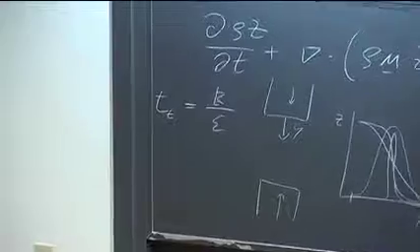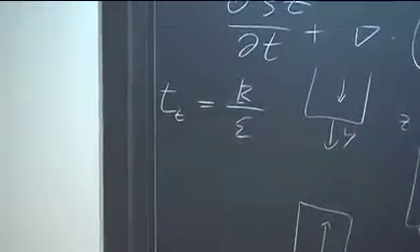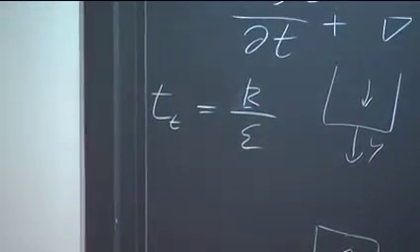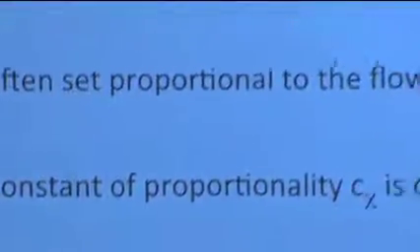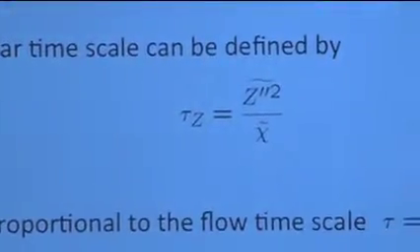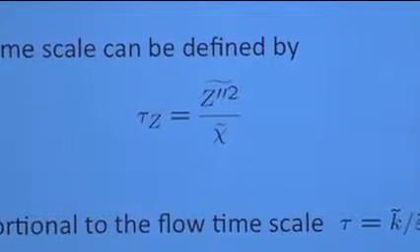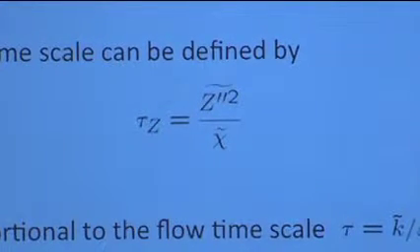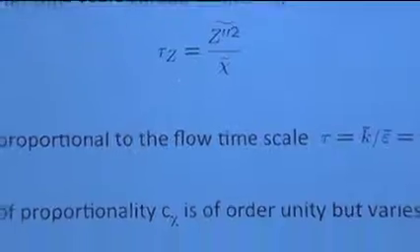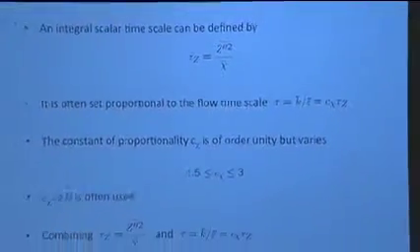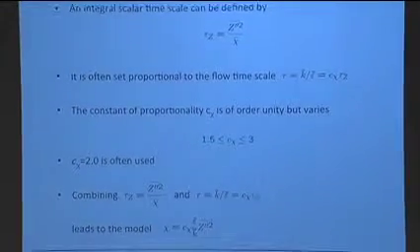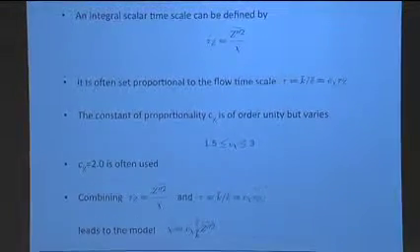Okay? And similarly, the time scale for the scalar can be written as the variance over the dissipation rate. You see that this is exactly the same, because the variance for the scalar is the same as the kinetic energy for the velocity field. And so the assumption here is that both of these timescales are the same. The scalar timescale and the so-called mechanical timescale are the same.